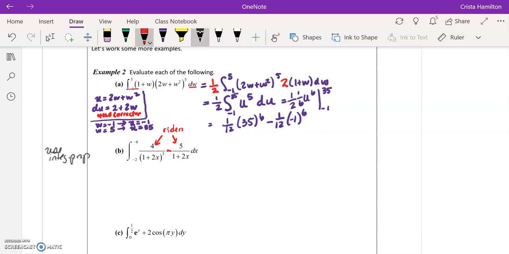And so kind of thinking ahead to where we're going to go with this, I'm really going to rewrite this as 4 definite integral negative 2 to negative 6, 1 over 1 plus 2x cubed dx, minus 5, negative 2 to negative 6, 1 over 1 plus 2x dx. So I use the properties to rewrite that.